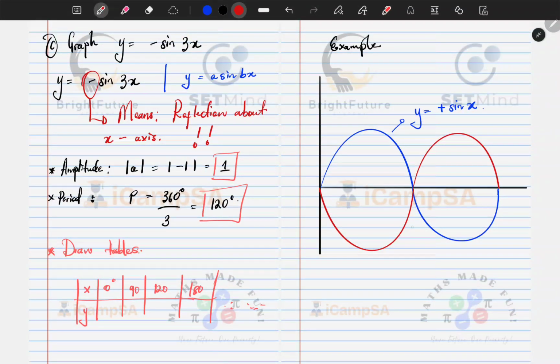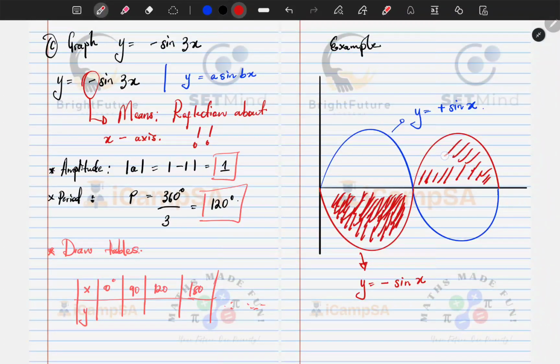You will still have your negative sine x graph here. This is what we are talking about, and here you still have your graph, which is this one.